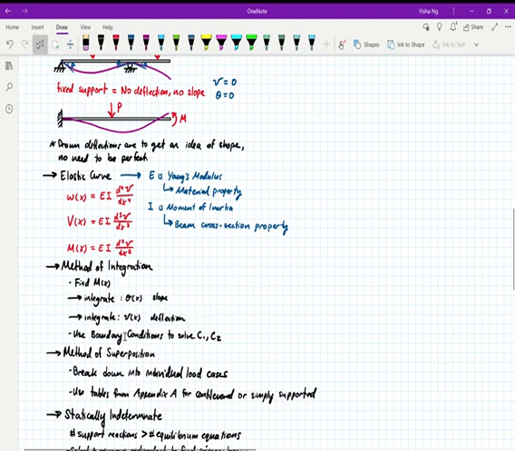After that, you use boundary conditions to solve for C1 and C2, and then you can back solve to find all of your unknowns, whatever you're looking for in the problem. For the method of superposition, you're going to break down your multiple loads into individual load cases. Use the tables from Appendix A for cantilevered or simply supported beams, and you're basically going to add them all up in order to find deflection or angle or whatever it is that you're looking for.